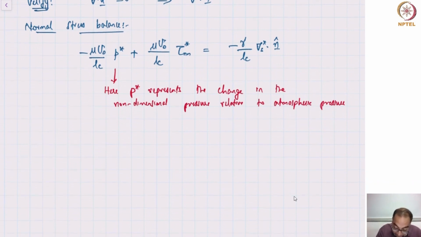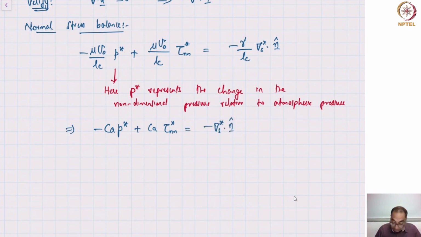If I were to continue this analysis, if I divide throughout by capillary number, capillary surface tension, and cancel the capillary length, I have capillary number times P star, capillary number times tau nn, del star dot n.